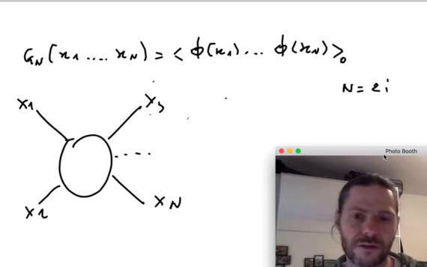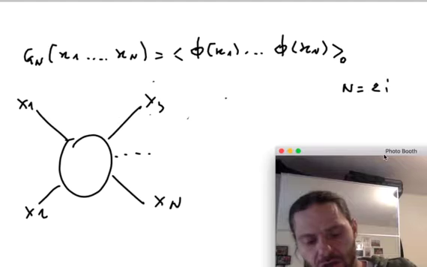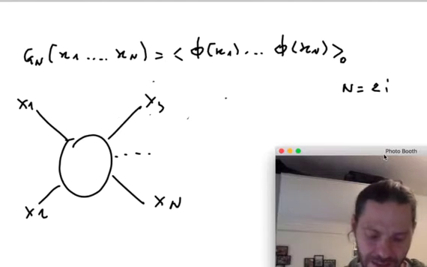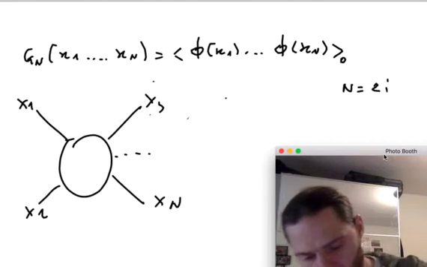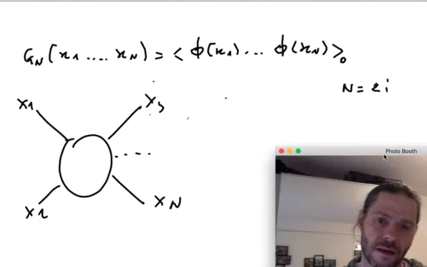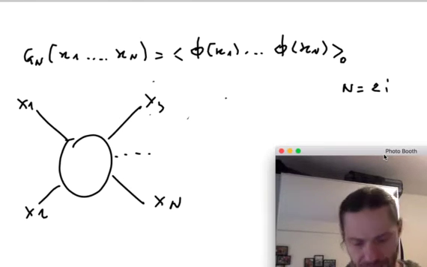And what the Wick theorem states is that you can evaluate this correlation function by summing up all possible ways in which you can contract the n points of the correlation function by drawing lines between them.